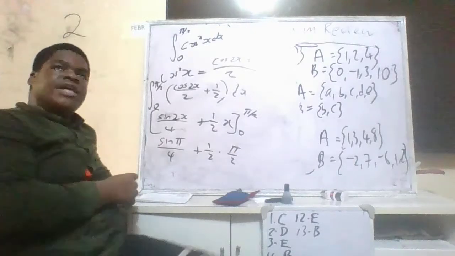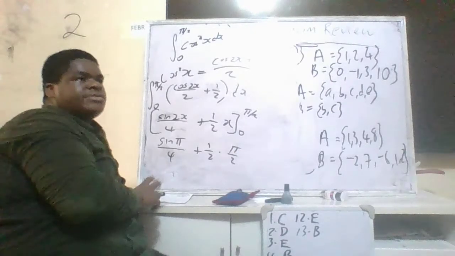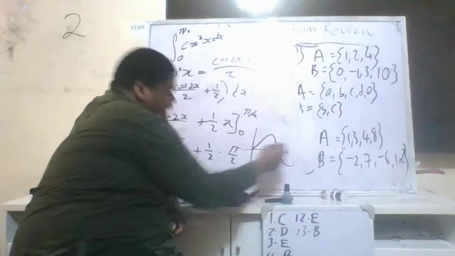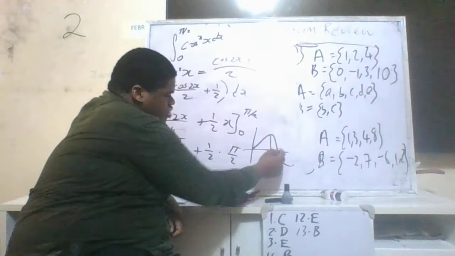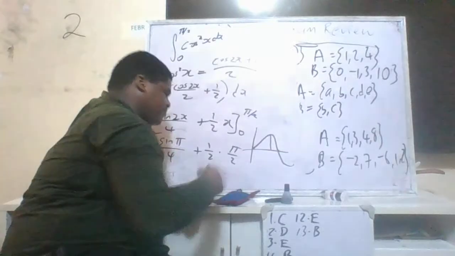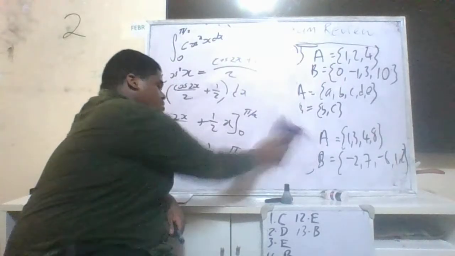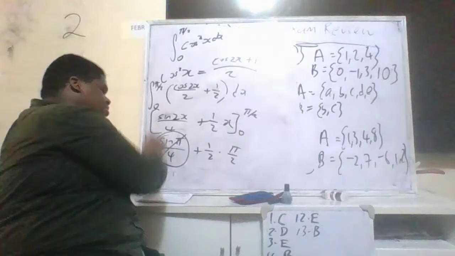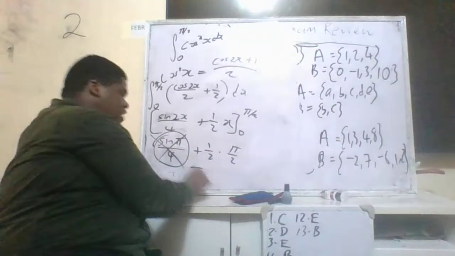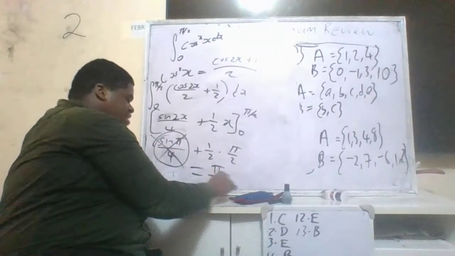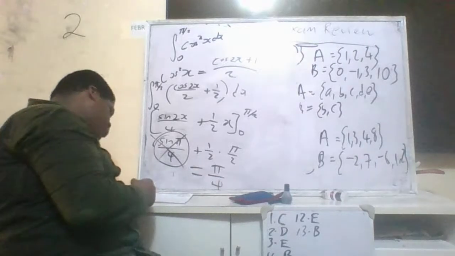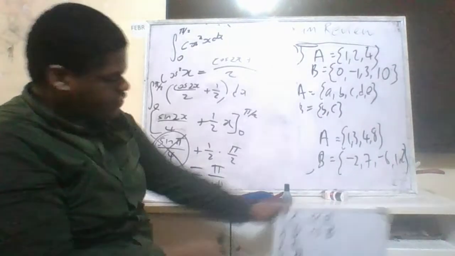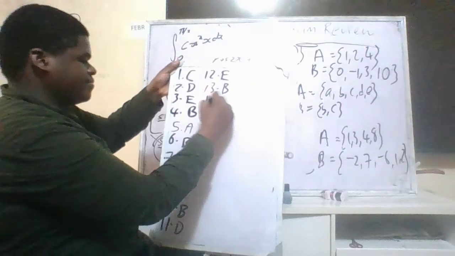Sine pi, that is sine 180. I know sine 90 is equal to 1, but sine 180 is equal to 0. So sine pi is equal to 0, and 0 divided by 4 is still 0, so this is irrelevant. So your answer is going to be pi divided by 4, and that corresponds to option B.